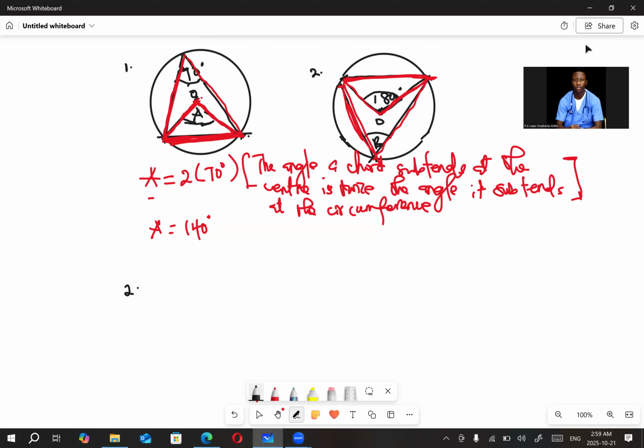Now, what's the property? The angle a chord subtends at the center, which is 180, is twice the angle it subtends at the circumference, 2B. So then you write the reason. The angle a chord subtends at the center is twice the angle it subtends at the circumference.